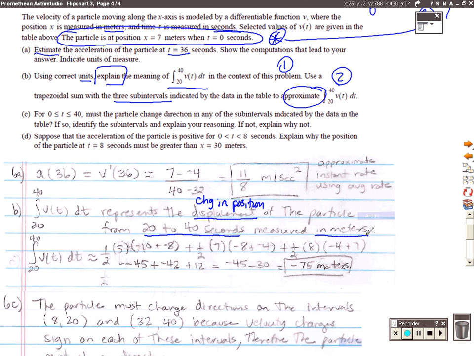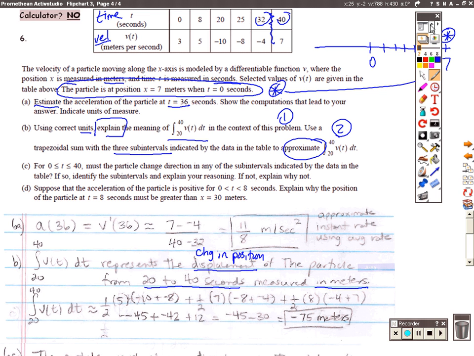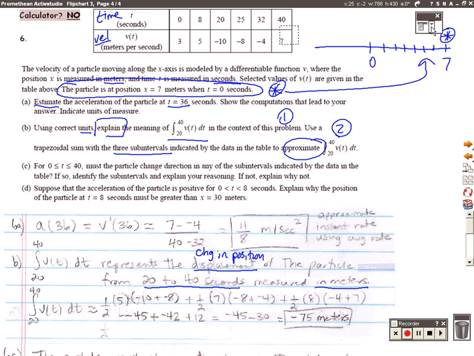Now I'm going to use a trapezoidal approximation. The important thing to note is that if I'm going to use a trapezoidal approximation to go from 20 to 40, when I think of trapezoids and I'm putting in 3, 1, 2, 3, these are not going to be equal intervals.